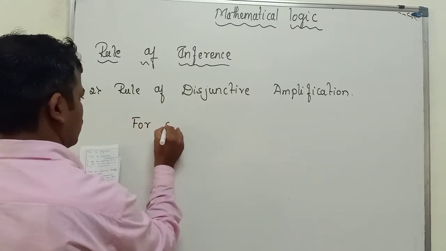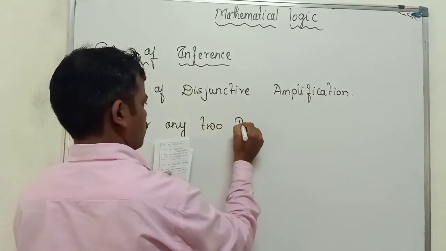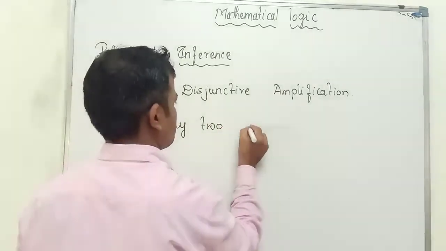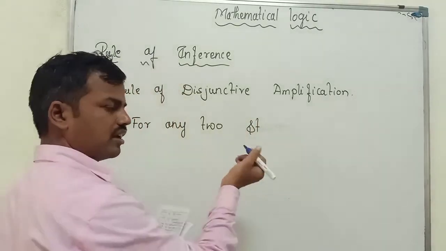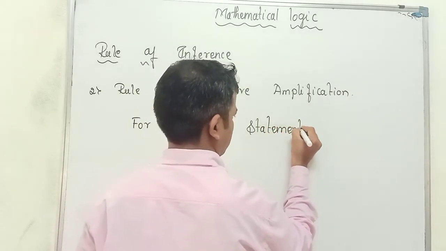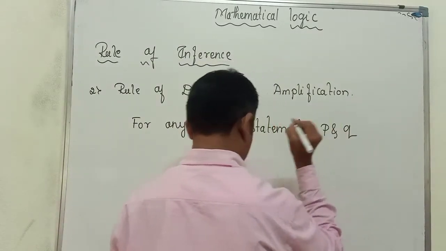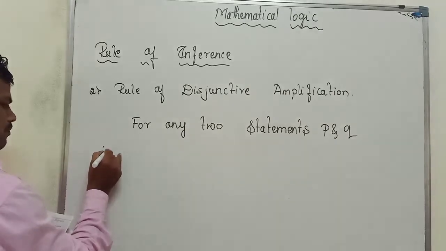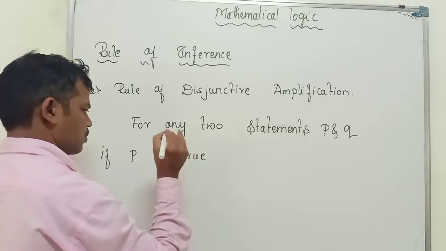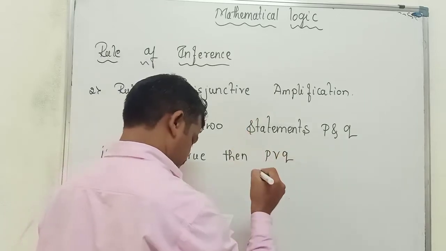For any two propositions, or we can say for any two statements P and Q, if P is true, then P or Q is true.